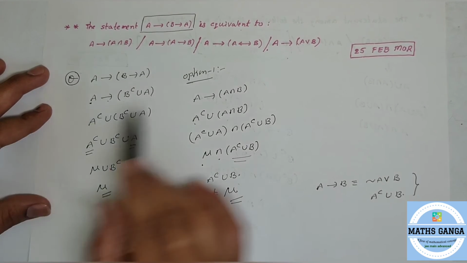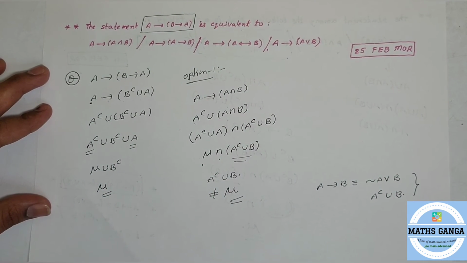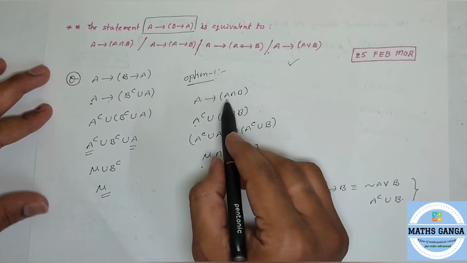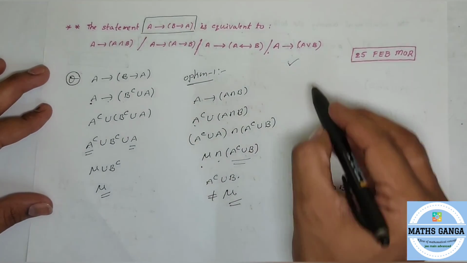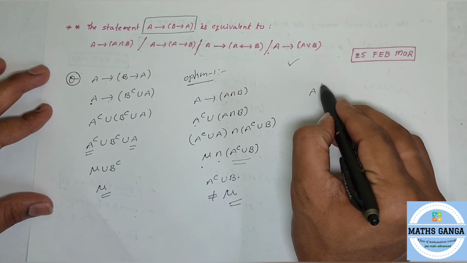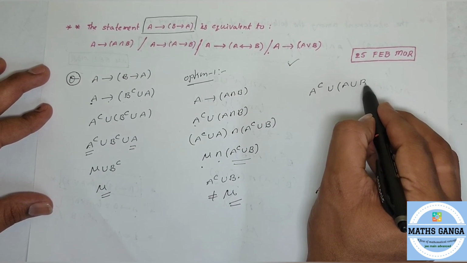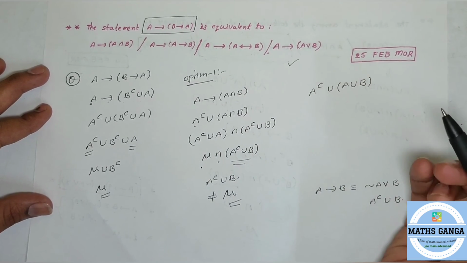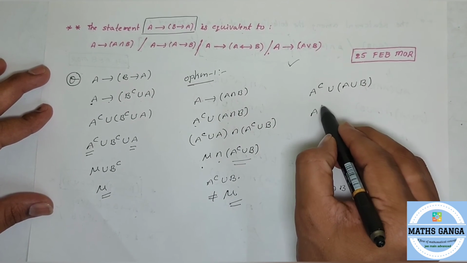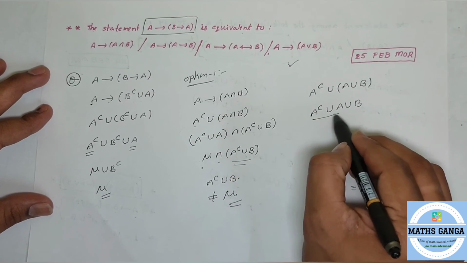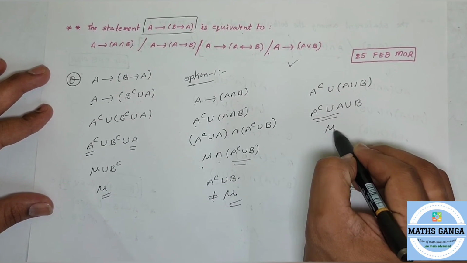See, option 1 and option 4 look similar. So now I am checking option 4, because it is similar to this first option, right? And now if you rewrite in terms of sets, A complement union A union B is option 4, and everything is union, right? So A complement union A union B. A complement union A is the universal set.